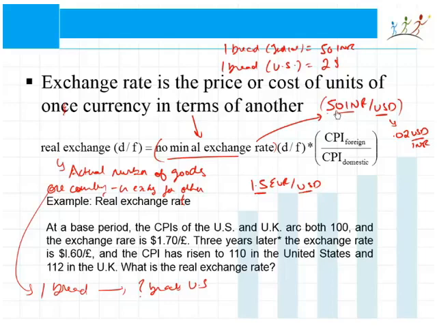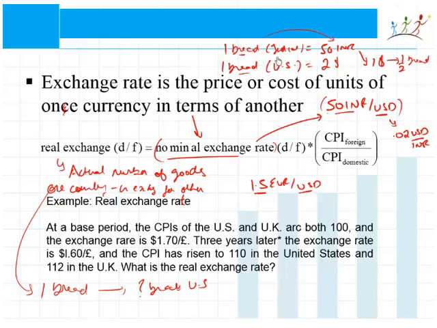So if I had one loaf of bread in India, that implies I have 50 INR. 50 INR can be converted at the rate of 50 INR per USD to give us $1. And that $1 will get us only half a bread in the US.